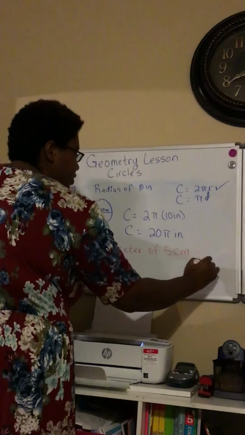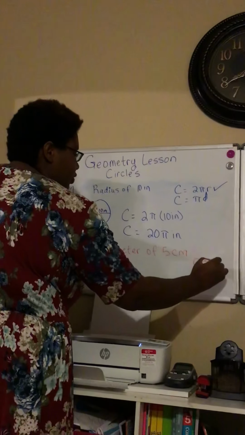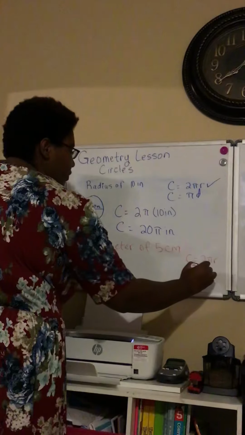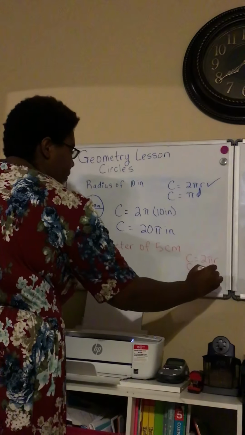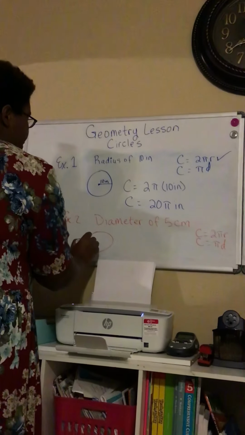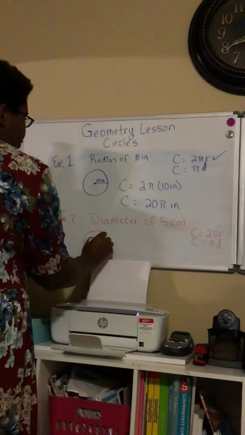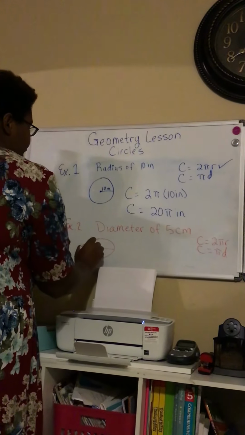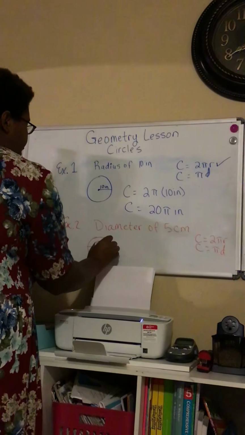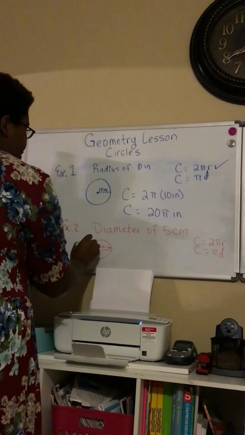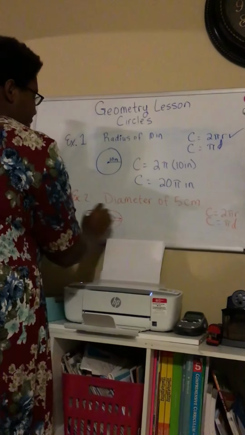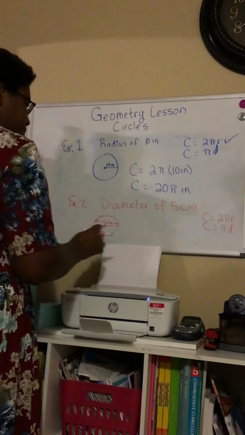I could use circumference is equal to 2 pi r, or I could use circumference is equal to pi times diameter. I'm going to draw this out over here. Now remember, diameter goes all the way across. So in this case, from end to end, I have 5 centimeters. From here to here, okay? I'm not the best artist in the world, but just imagine that it's going all the way across.